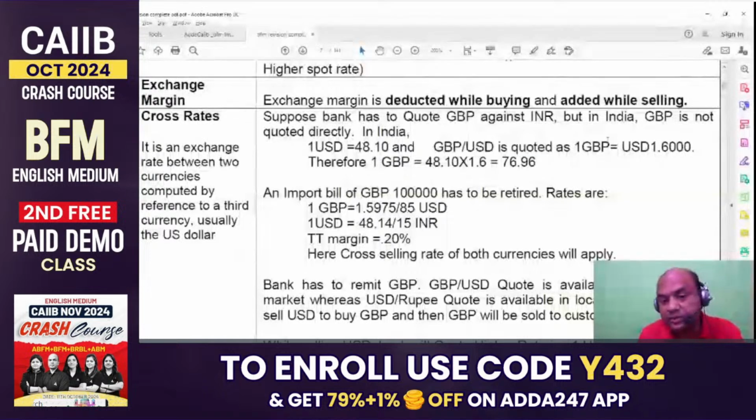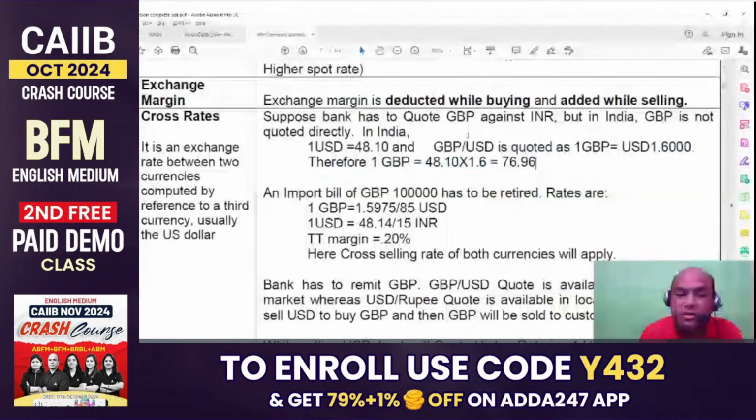So what does it mean? These rates are given to you. See this, 1 USD equals to this many rupees. 1 GBP equals to this many USD. So what do I do? GBP to USD into USD to INR. I'll multiply this. This is called a cross rate. So I'll multiply this 48.1 into 1.6. So you'll get this as 76.96.